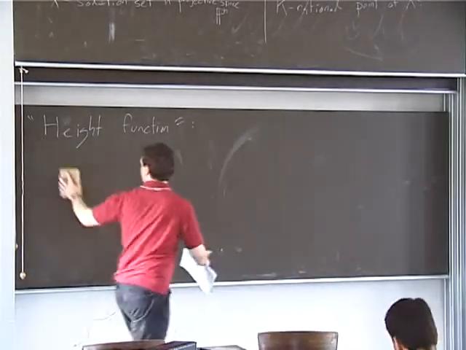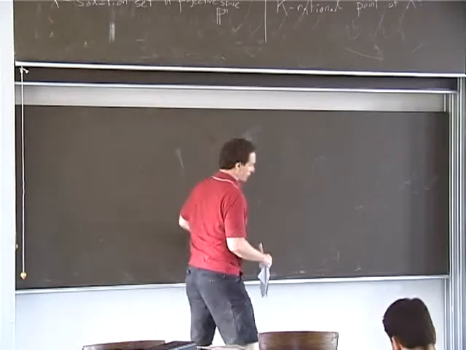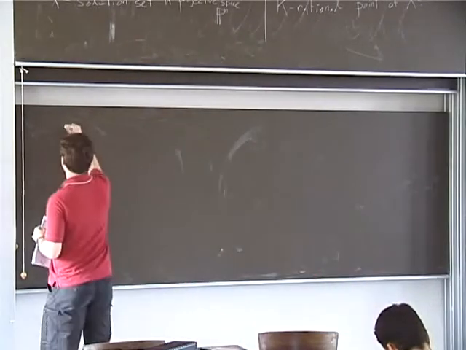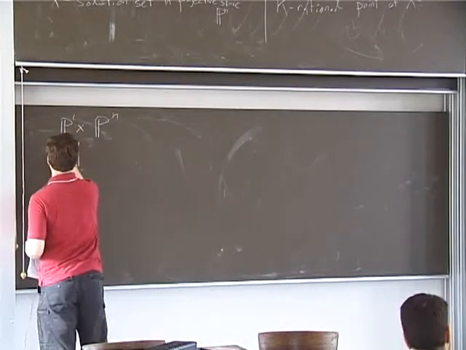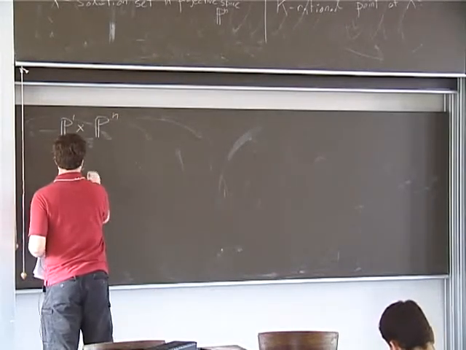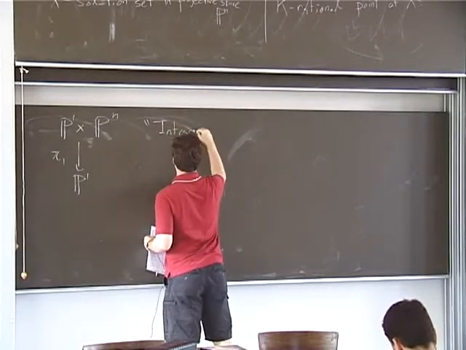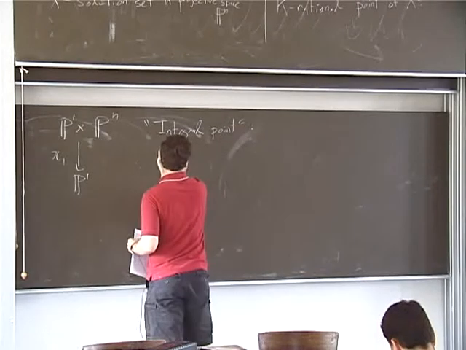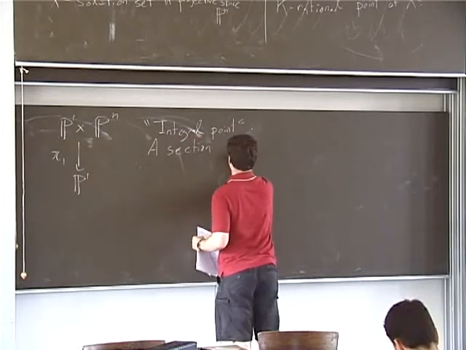So integral points, those should correspond to sections of the projection onto the P1 factor. So we have P1 cross Pn. We have just the projection onto P1. So an integral point is just an algebraic section.